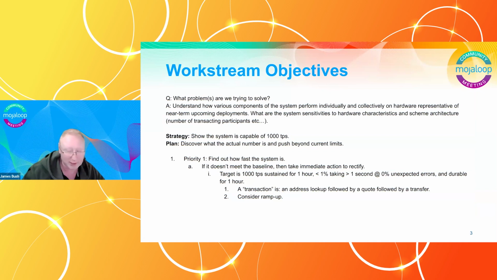But I just wanted to spend a little bit of time now refreshing our minds about what we're trying to achieve in this workstream, and how we're trying to achieve those goals. The main problem that this group is focused on is understanding how the Modular Loop platform performs on various different types of hardware and in various different scheme configurations, to process payment transactions, payment transfers.